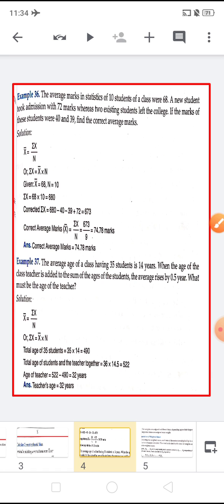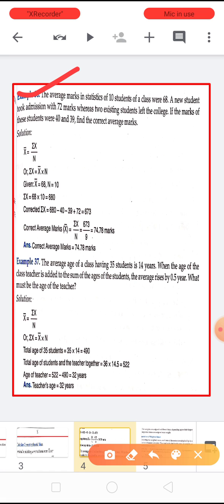So children, in front of us we have a question that the average marks in statistics of 10 students of a class were 68. The average marks is given, it is 68 for 10 students. The number of items, the value of n, is 10 students, and the average marks is 68. A new student took admission with 72 marks, whereas two existing students left the college.